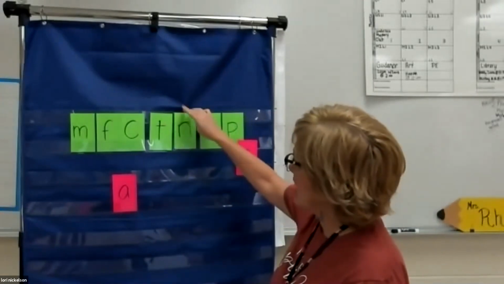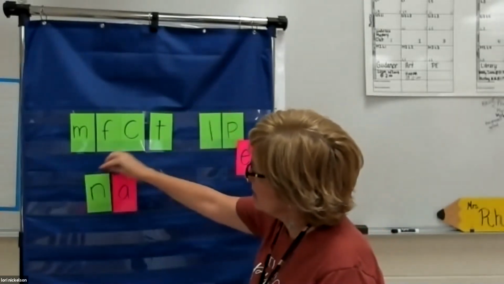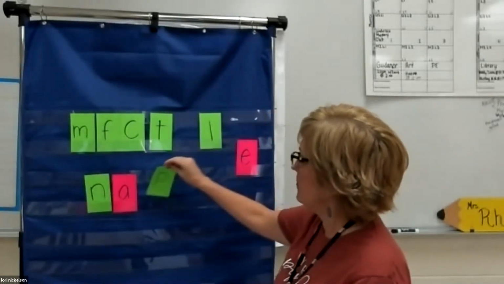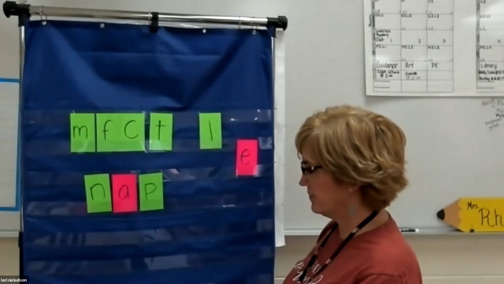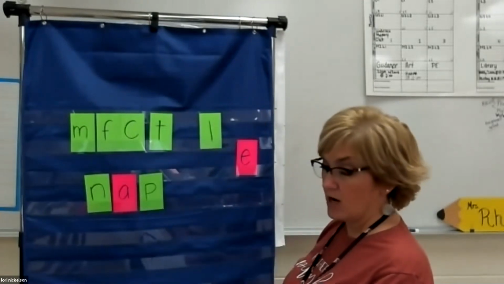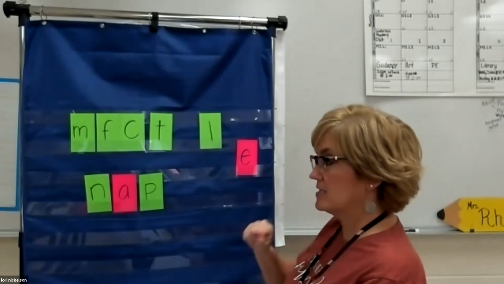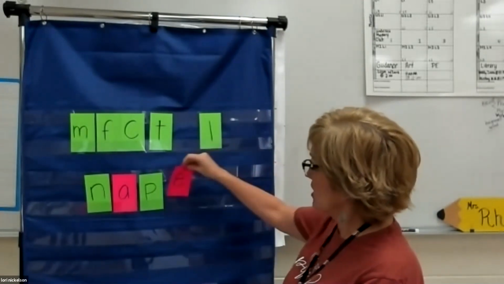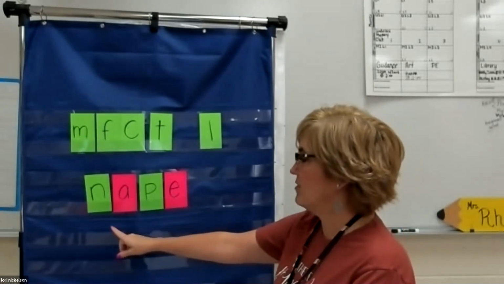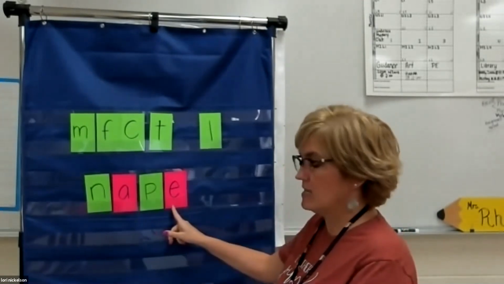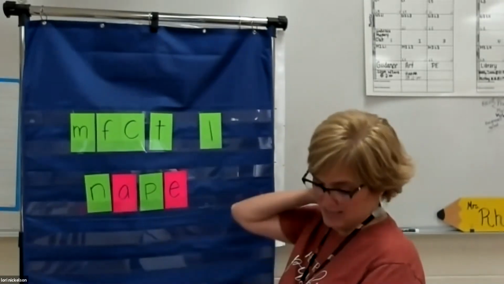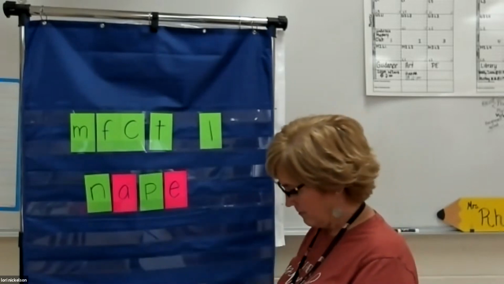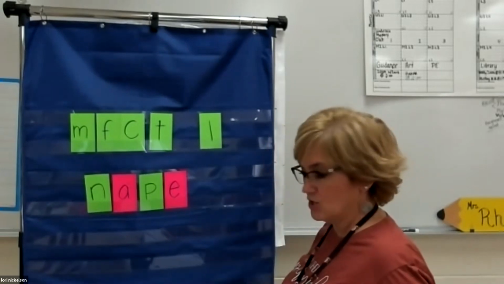The word is nap. N-A-P, nap. So now we're going to say our magic word, alakazam. The magic E appears, and now we have the new word of nape. Nape, like the nape of your neck, the back of your neck. Great job, guys.